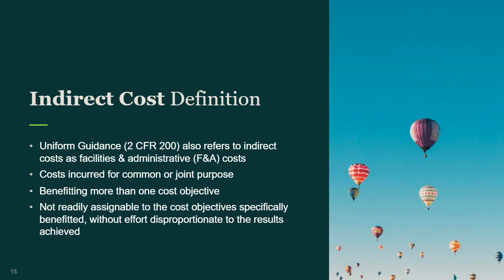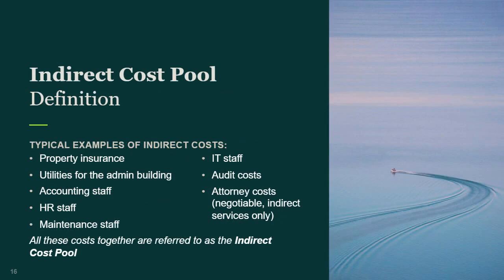But really, when you're looking at indirect costs, these are some of the examples that you may have. Sometimes it is insurance. You may have utilities for the entire building that's being used. You could have accounting staff that maybe do multiple functions throughout various programs throughout the organization.